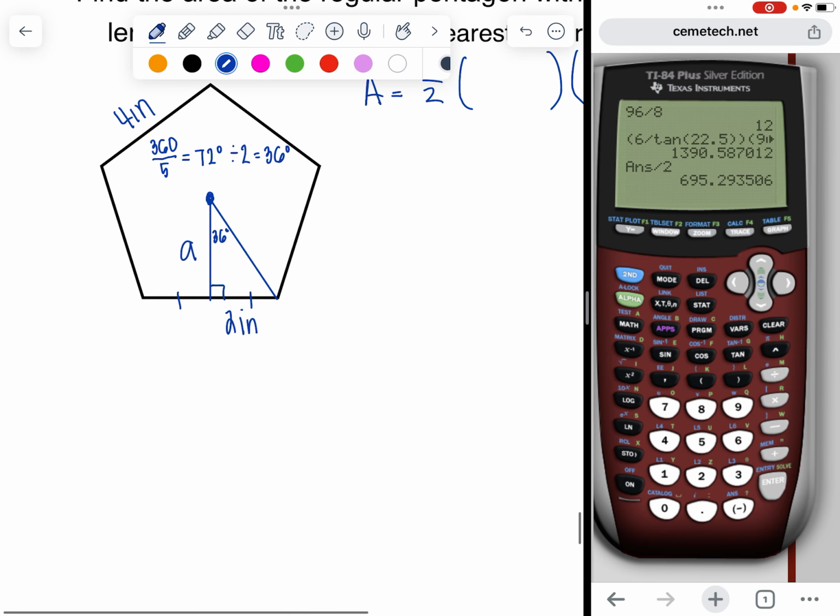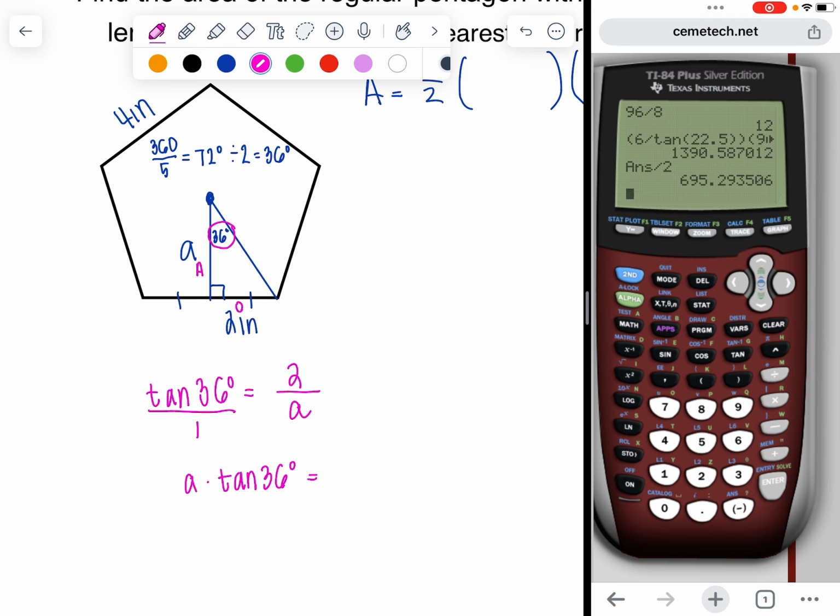All right, so I'm going to use SOHCAHTOA because it's not a 30, 60, 90 or a 45, 45, 90 triangle. Here's my angle. This is opposite. This is adjacent. So I'm using tangent. Tangent of 36 degrees is equal to opposite, which is 2, over adjacent, which is A, and then cross multiply to solve for A. A times tangent of 36 degrees is equal to 2.